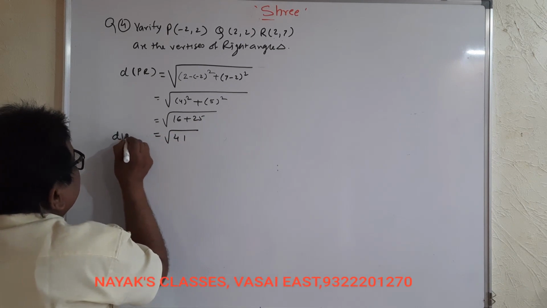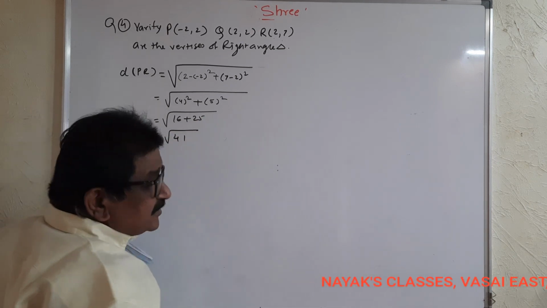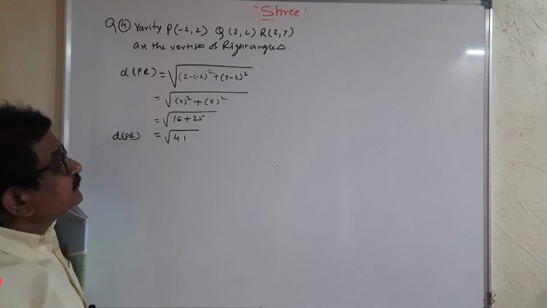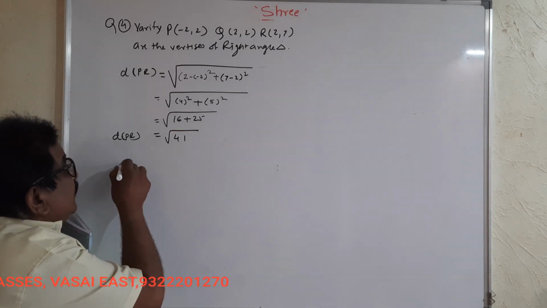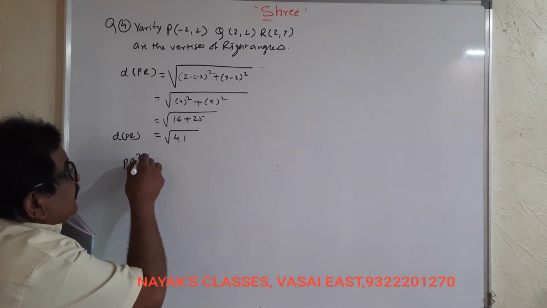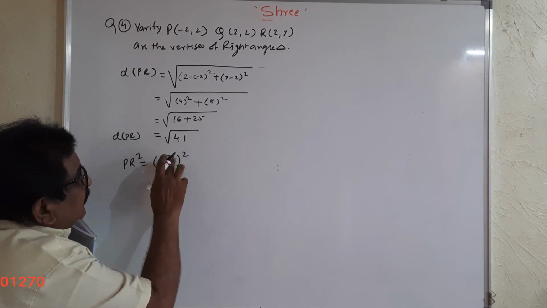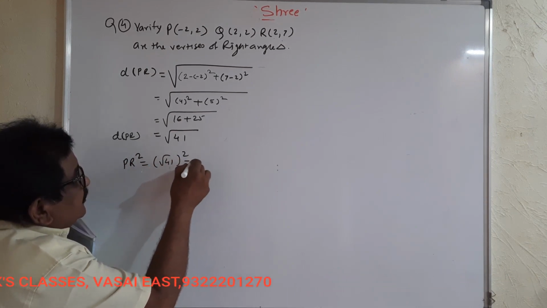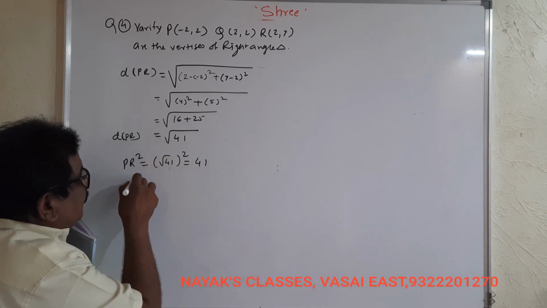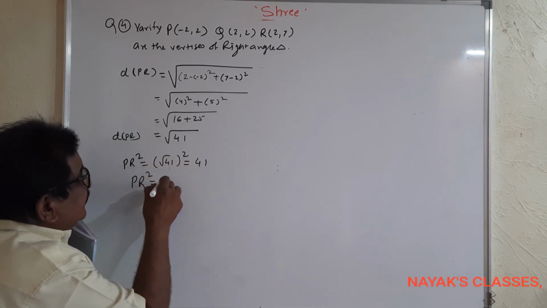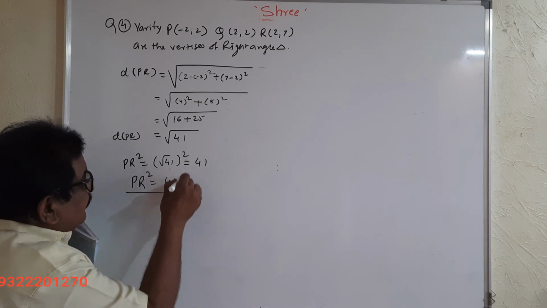This is distance PR. So what is PR square? It is under root 41 the whole square, which is equal to 41. So PR square is equal to 41. Remember this.